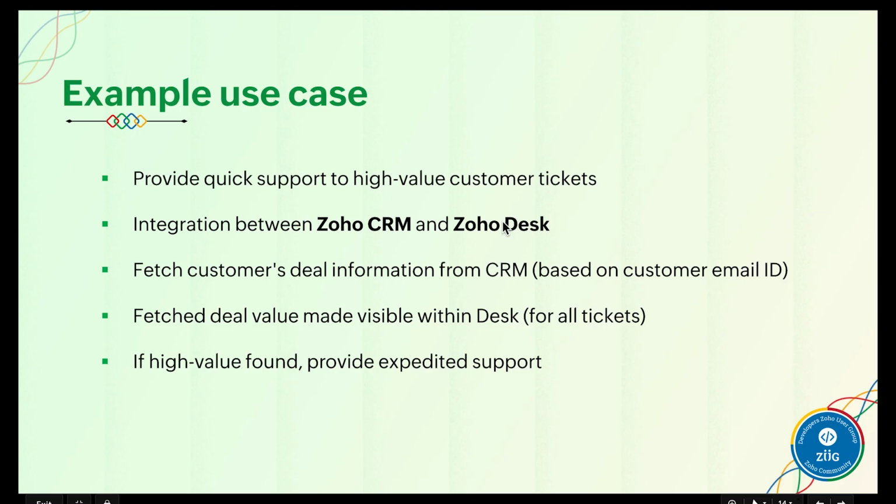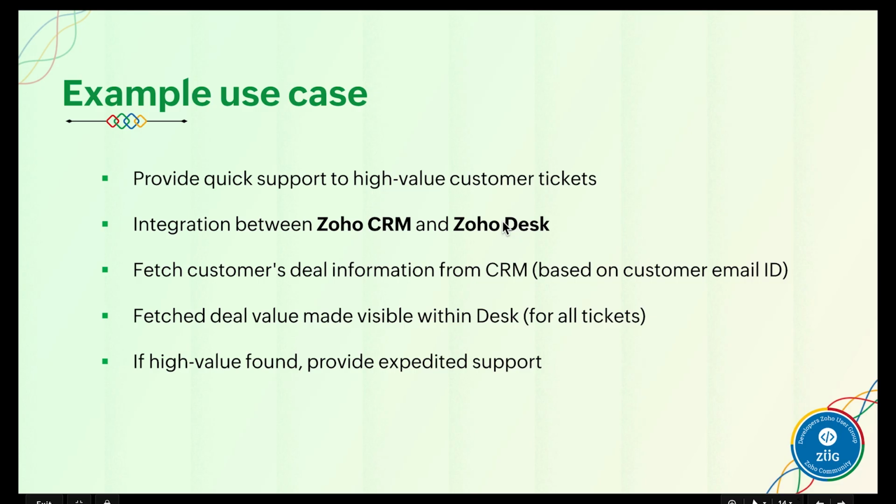If a deal is available, that deal information has to be brought into Zoho Desk and displayed to the support agents, so that it will be easy for them to check the customer value of each and every customer, so that they can go ahead and provide specialized support for them. So this is the overall flow of the use case that we have taken today.